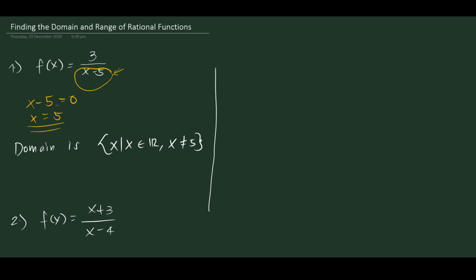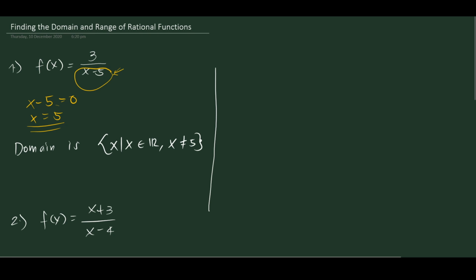For this particular given, we can use the inverse, because the domain of the inverse of a function is equal to its range. In other words, if you take the inverse of f of x equal to 3 over x minus 5, the domain of that inverse will be equal to the range of this particular function.